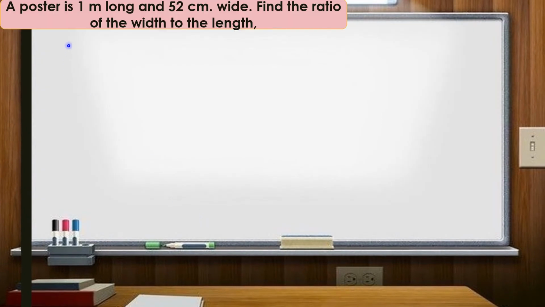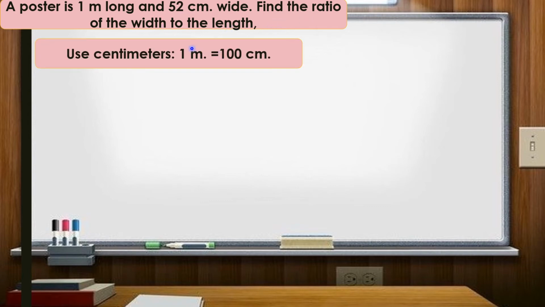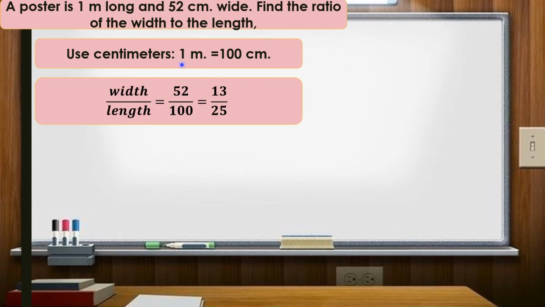Next. A poster is 1 meter long and 52 centimeters wide. Find the ratio of width to length. First we need to consider that they have different units, meter and centimeter, so we need to use centimeter. As we all know, 1 meter is equivalent to 100 centimeters.